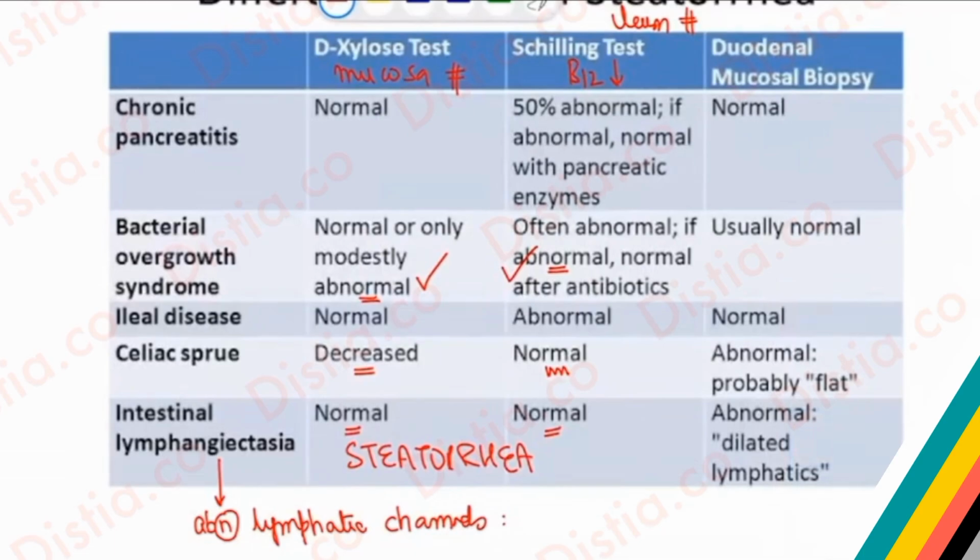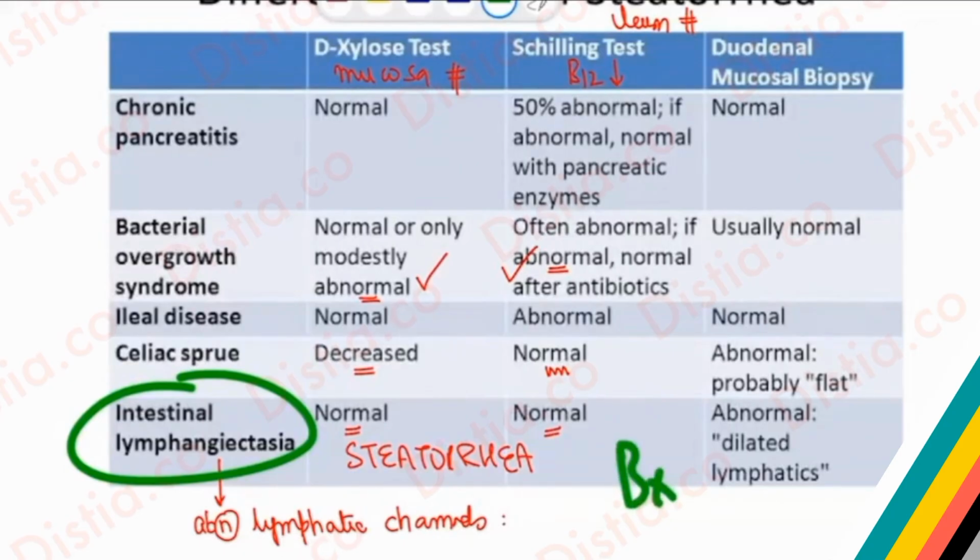But if a question describes both of them to be normal, you need to think in terms of this particular disorder, intestinal lymphangiectasia.